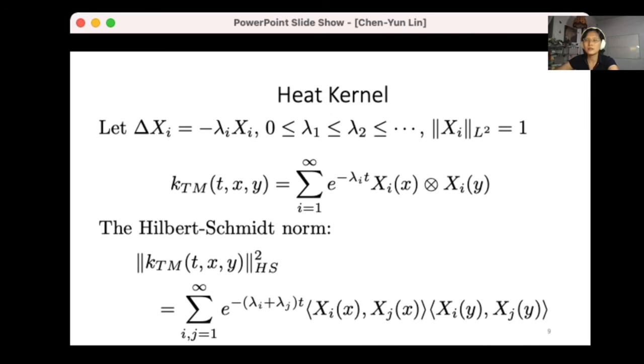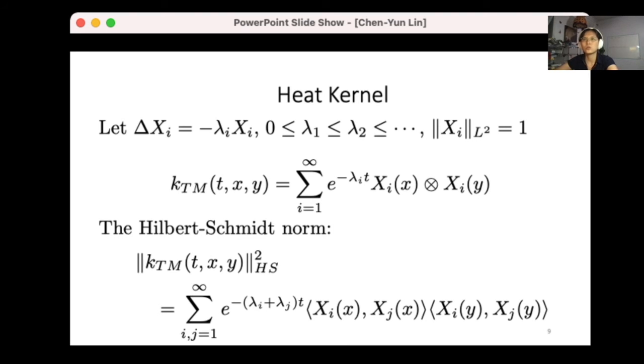There's one thing that I want to point out. Let's look at the Hilbert-Schmidt norm here. The eigenvectors are L2 normalized, and the coefficient has a weight, exponential of minus (lambda i plus lambda j) t. So there's an exponential decay. When i and j get very large, the weight is very small, close to 0.